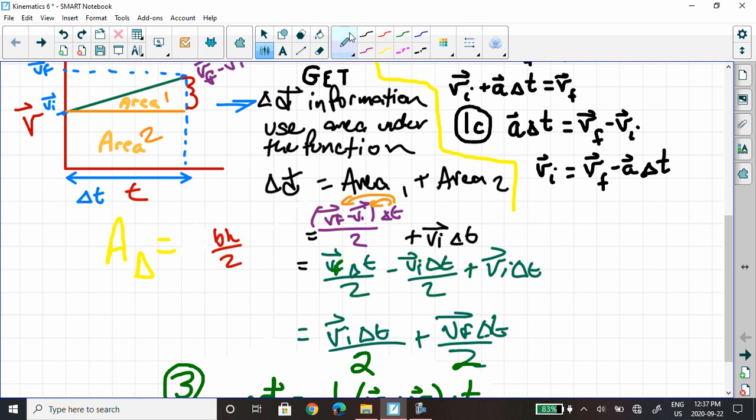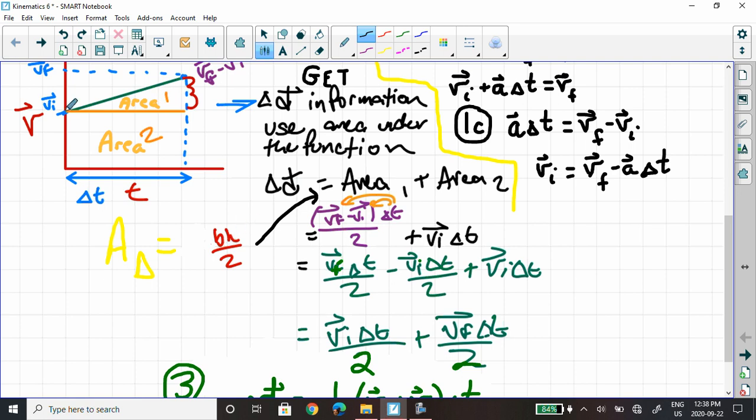I'm going to use that equation right in here, base times height divided by 2, in coming up with an equation that will let me find displacement, because displacement is what you get when you get the area under the function. I'm going to find area number 1, the area of the triangle. Well, what is the base?